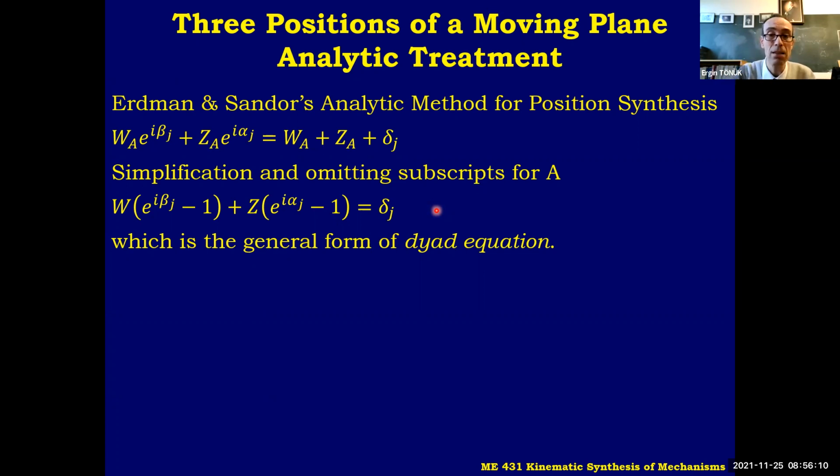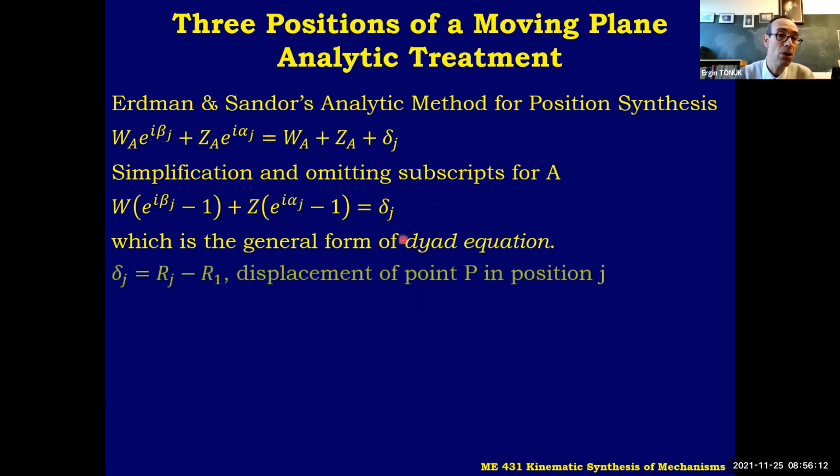Before that, let's discuss some of the terms. Actually, delta j is the displacement of point P in position j, and you can also determine it from its position vectors. This is the position vector in position 1, and this is when it's in position j, if you like.